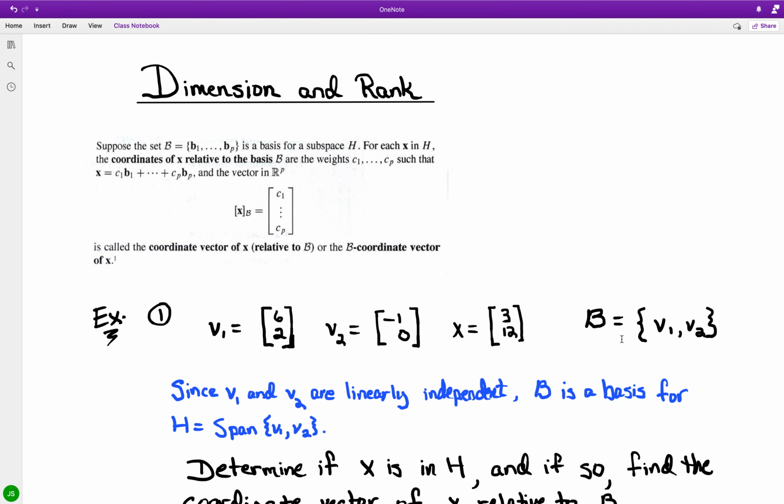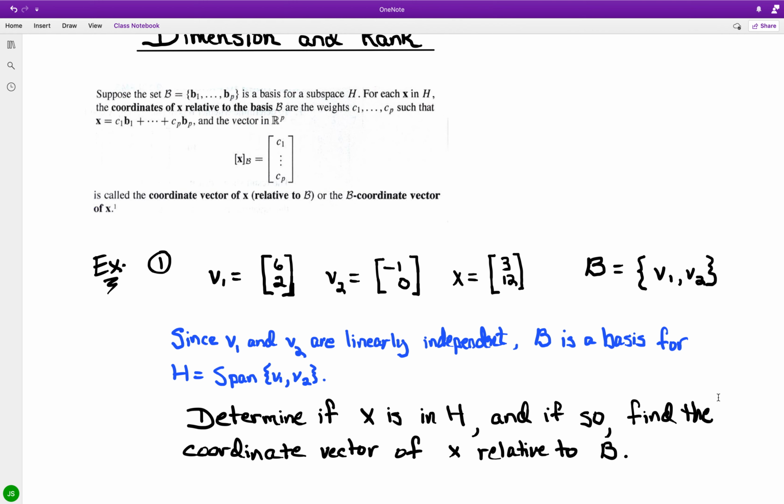For the basis B, we have the vectors v_1 and v_2. Since v_1 and v_2 are linearly independent, one vector is not a multiple of the other, and B is a basis for the subspace H, which equals the span of both of these vectors.